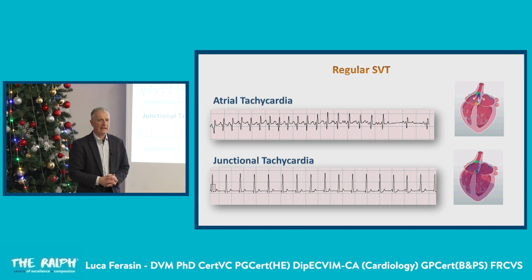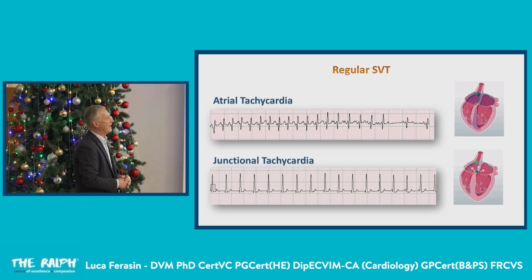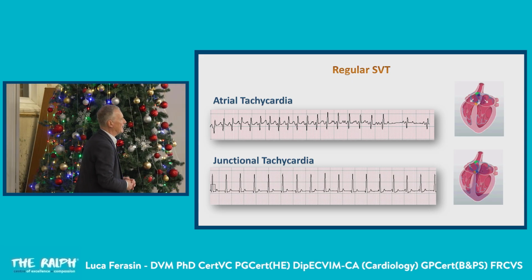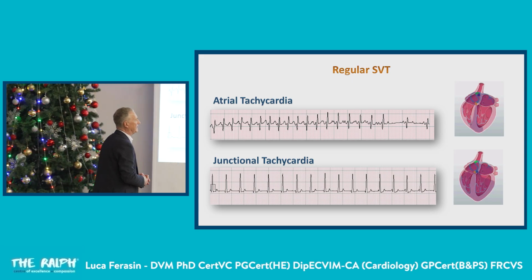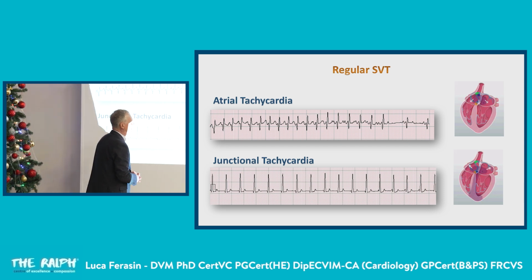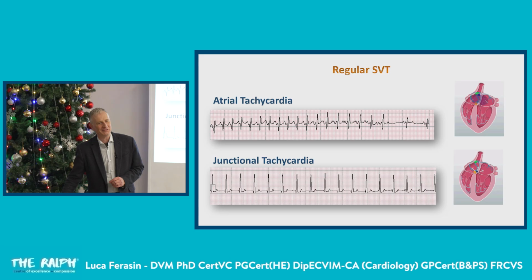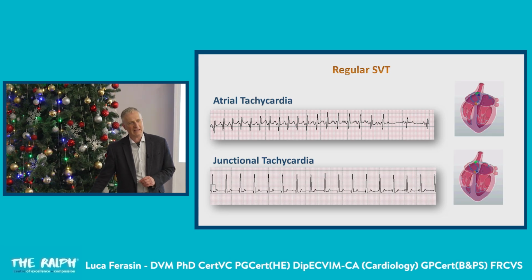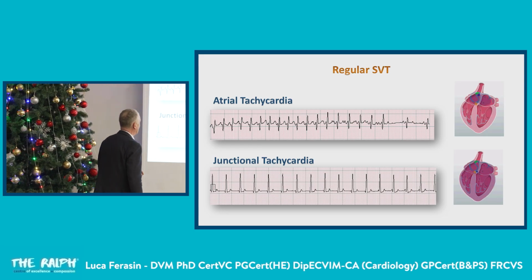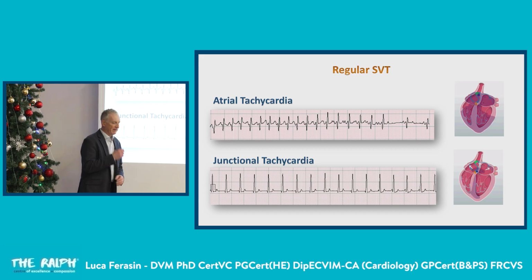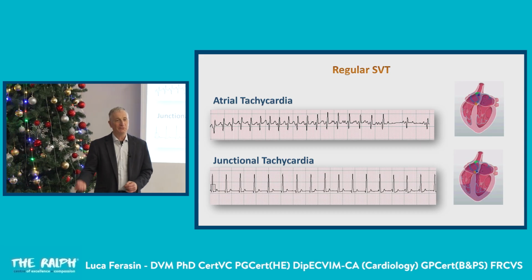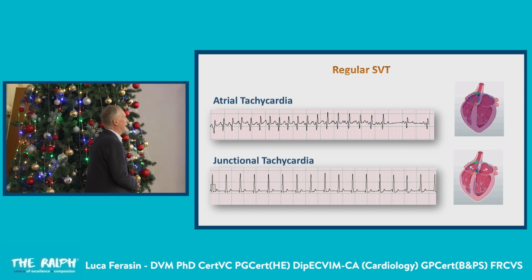But junctional tachycardia is rare, as I said before. It is when you've got a cell near the AV node that becomes the leader. So you got a wavefront going down the AV node and the bundle of His, giving this narrow complex appearance. But also you got a wavefront going upward.